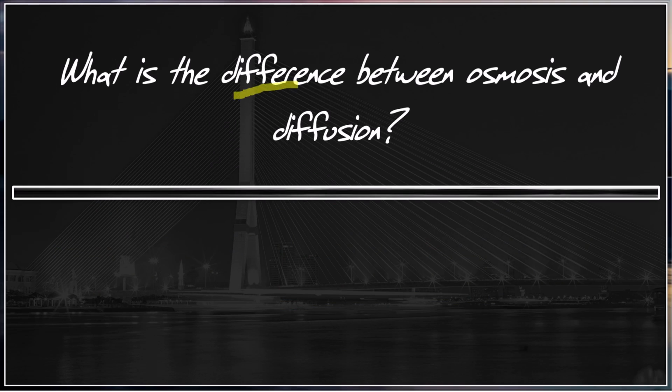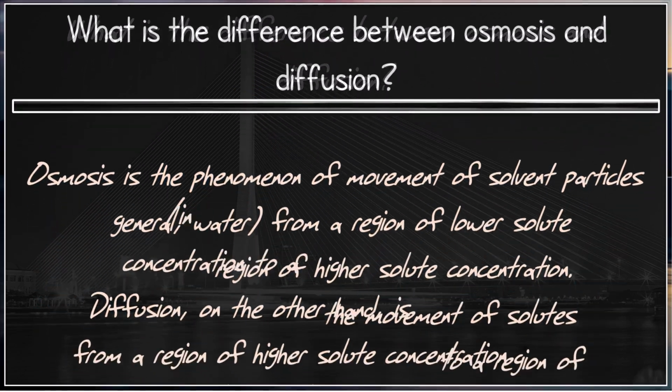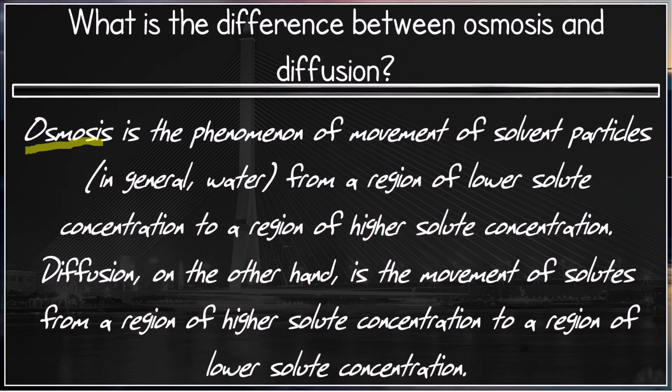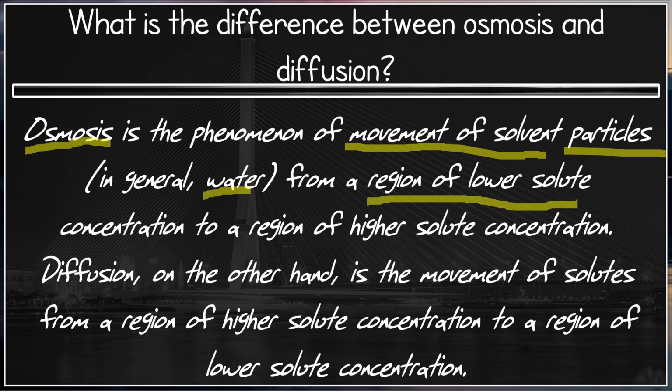What is the difference between osmosis and diffusion? Osmosis is a phenomenon of the movement of solvent particles, in general water, from a region of lower solute concentration to a region of higher solute concentration.